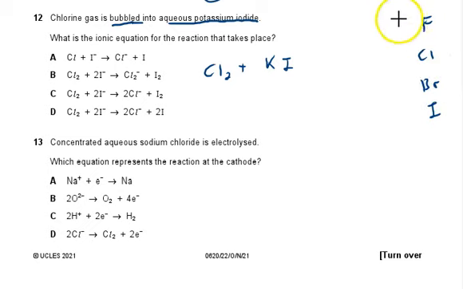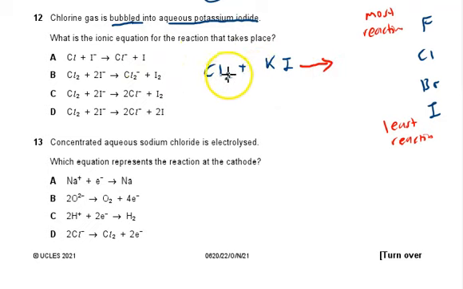This is much more reactive, the most reactive, and this is the least reactive. So here what happens is you have a displacement reaction. The chlorine is much more reactive than the iodine, right? So the iodine will be displaced. So you have here chlorine, potassium chloride, and here you have iodine.